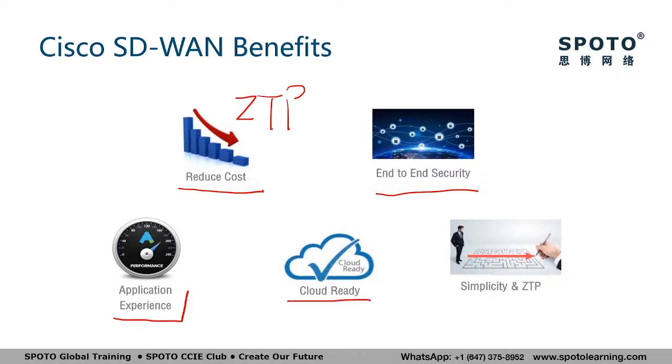Of course, the vEdge router is available in the public cloud vendors, for example, Microsoft Azure and Amazon AWS. It's click and play, fast provisioning, and pay as you go. Simplicity and ZTP, as we mentioned, it's just easy and automatic, right? Trouble-free.